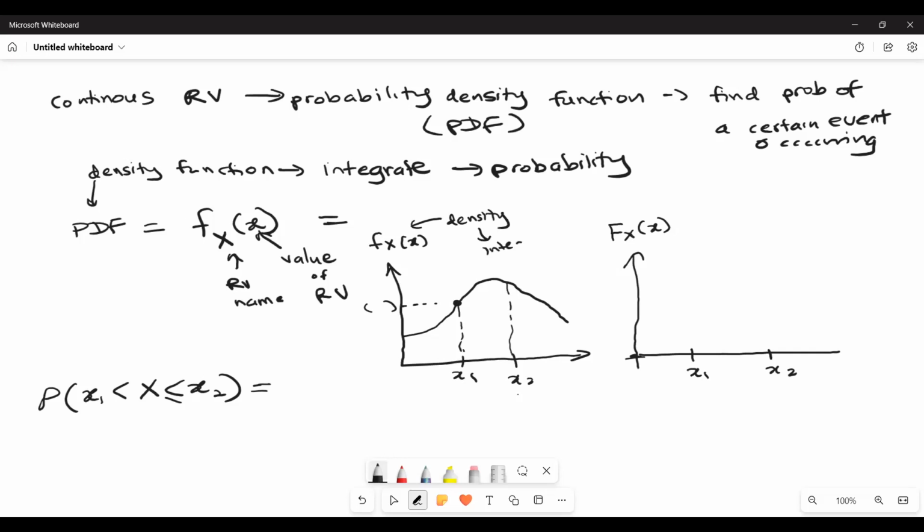We have to integrate, and only through integration we can find the exact value of that specific event occurring, right? If we want to find the event occurring under x1, then we need to take the integration around that point, and then we can find the probability.